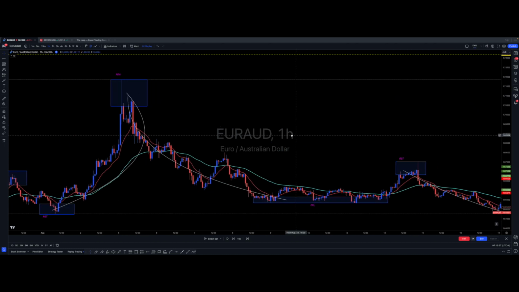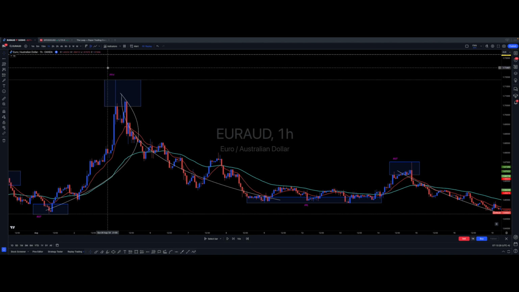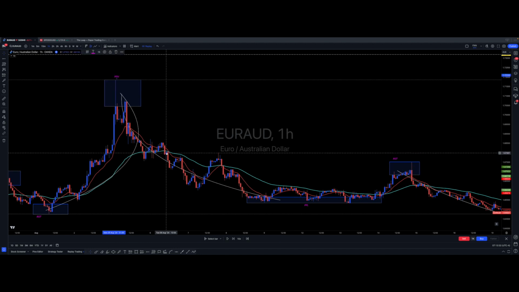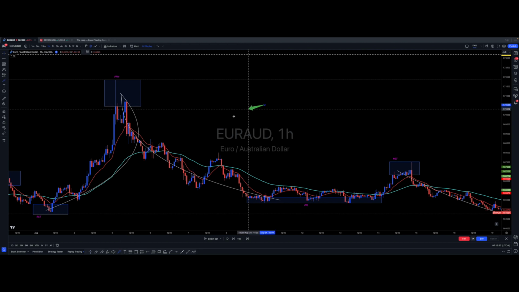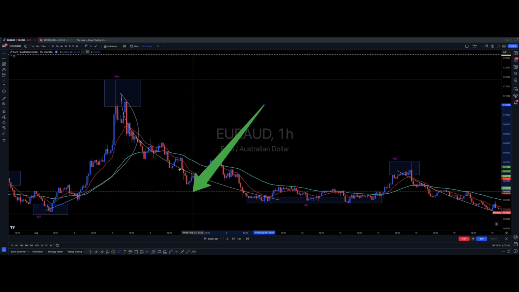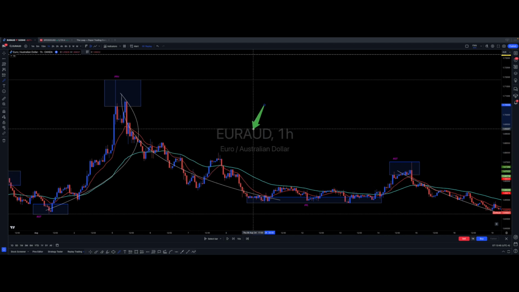Now, here is another example. You can see peak formation high. Right, coming up here, we don't have the crossover until right here. So the crossover happens right here, and then we're just waiting for the first major pullback. The first major pullback is this right here.